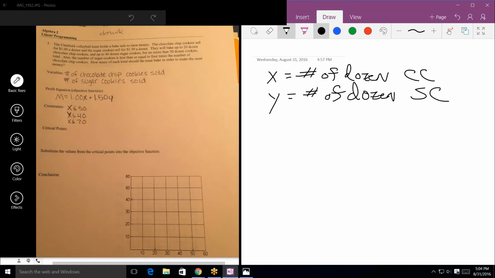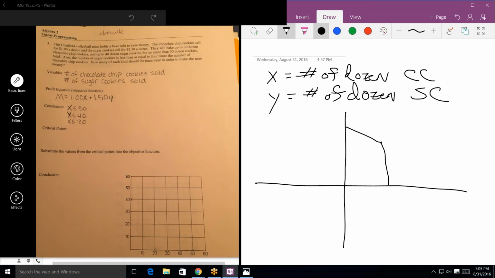But all linear programming problems have this objective function. And then they have constraints. Here's what's going to happen. I'm going to graph these constraints, just real quick so you get an idea of what I'm talking about. There's one constraint. There's another constraint.